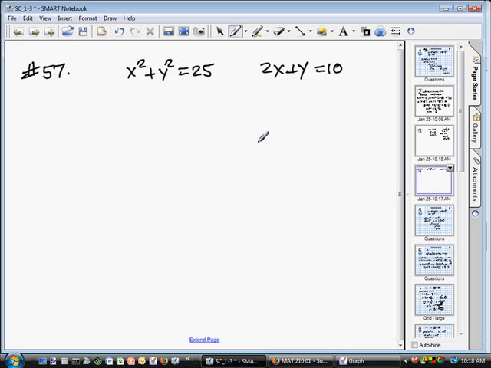Okay, how do you find out where two curves cross? You basically set them equal to each other. So we can't do that unless we solve for y, can we? So let's take that curve on the left and solve it for y, and then the other one.